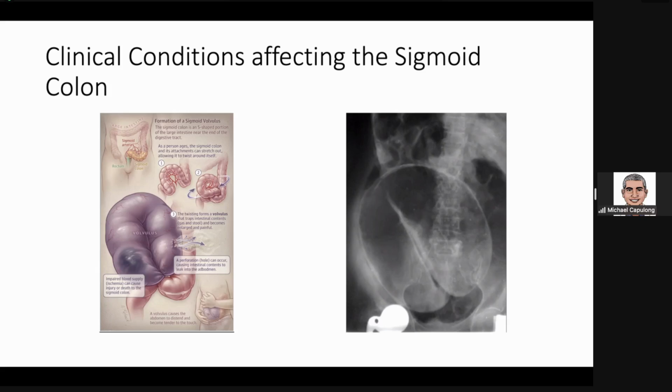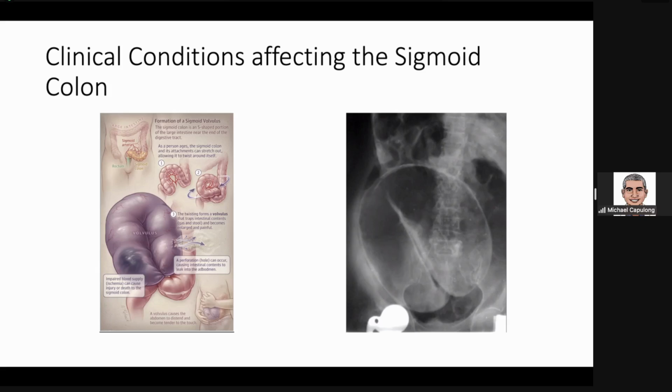The rotation is in a counterclockwise fashion and is known as volvulus, sigmoid volvulus. It is characterized radiographically, as you see on the right side, as the bent inner tube sign or the coffee bean sign, or the kidney bean sign pertaining to its appearance.